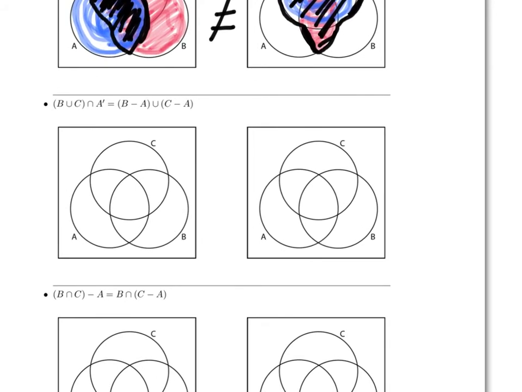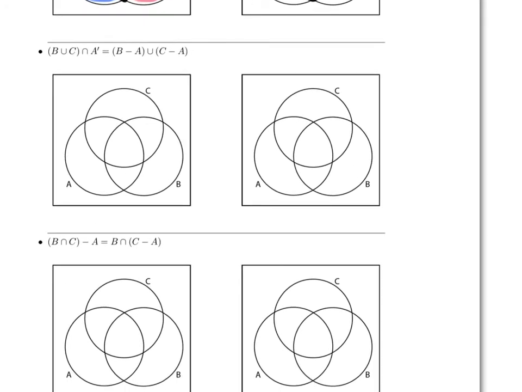Let's look at the second one. Here we are building things again out of complex pieces. So in the first problem, on the left-hand side, I would first want to shade B union C, so that's everything that's in B or in C. And I want to intersect that with A complement.